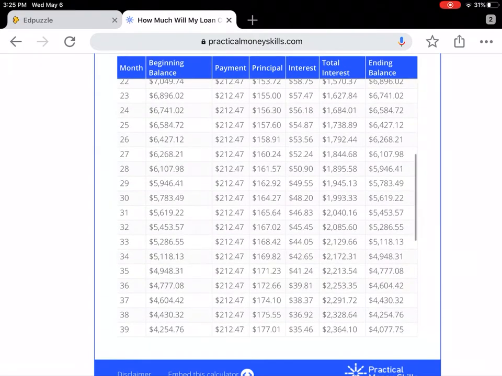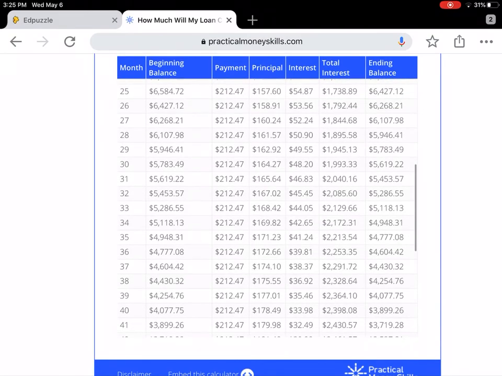At month 30, you would expect to be about halfway through your payment. I mean, that's halfway through the plan. But if you notice here at month 30, the balance is still significantly more than half. Half would be $5,000, and we're looking at $5,700.